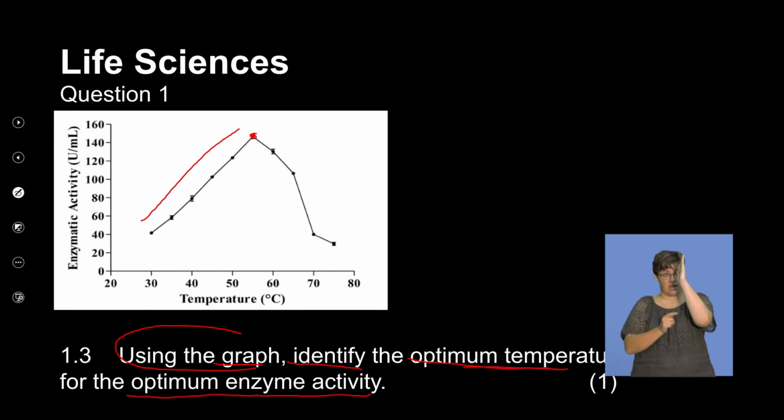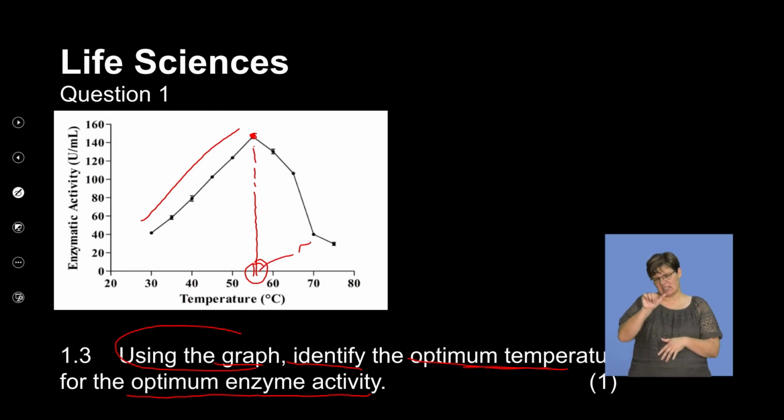So using your ruler, you now need to draw a vertical line that intercepts the x-axis, and you would need to proportionately scale the value at which that line intercepts the x-axis. For me, if I look at 55, it would be approximately there. Using your rulers, you could measure that, and it's probably around 56 degrees Celsius.